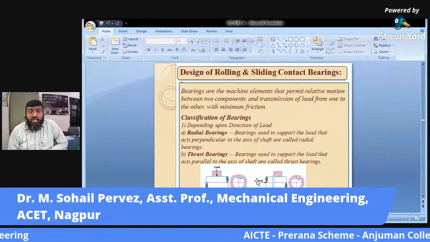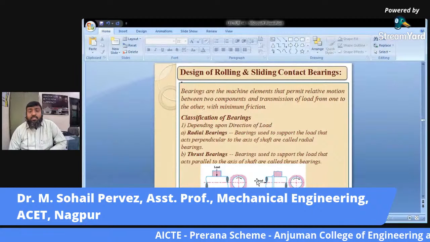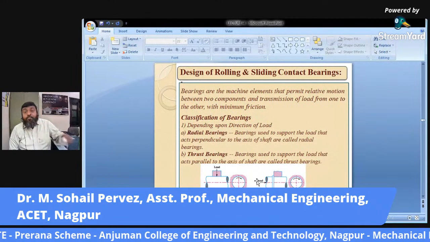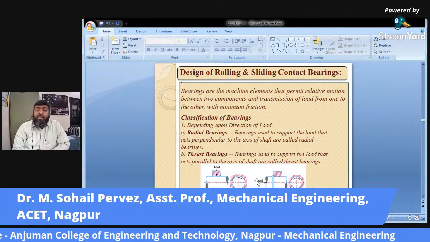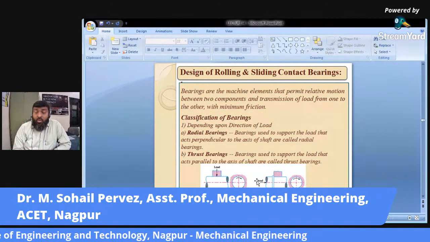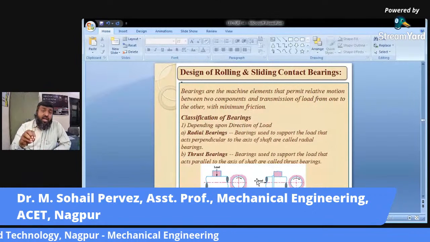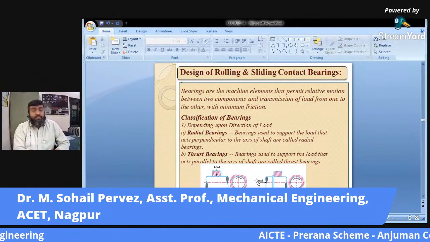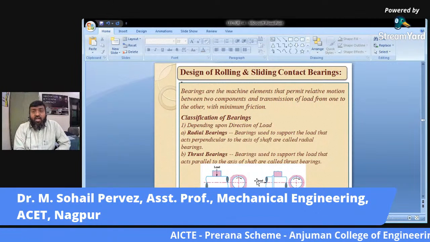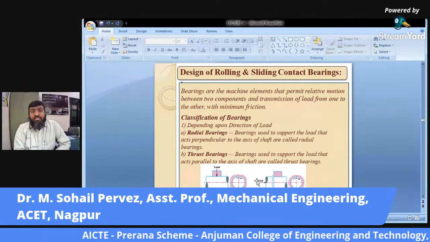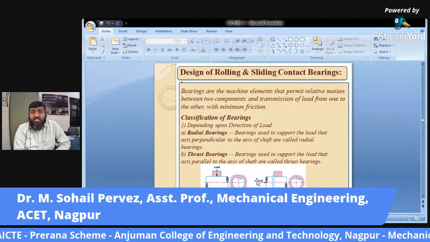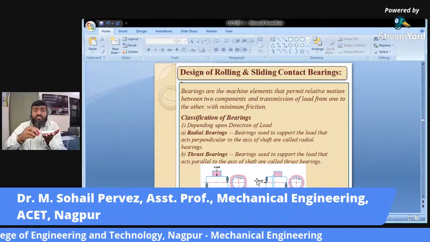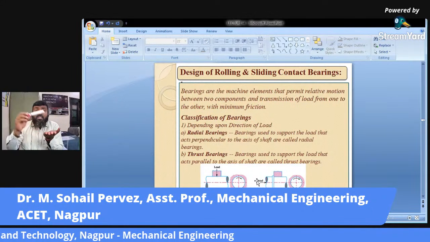up. But here the bearings are a machine or mechanical element. We primarily see bearings as supporting elements. Bearings are intended for guiding the motion of the shaft. Because if there are no bearing surfaces, say the contoured surfaces, now you may see, say this is the shaft.